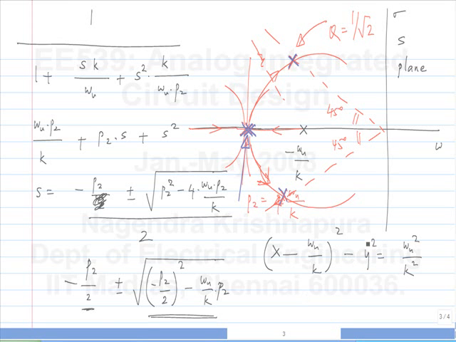Okay, that's correct. I understand. This should be plus for a circle. Probably it's not a circle.